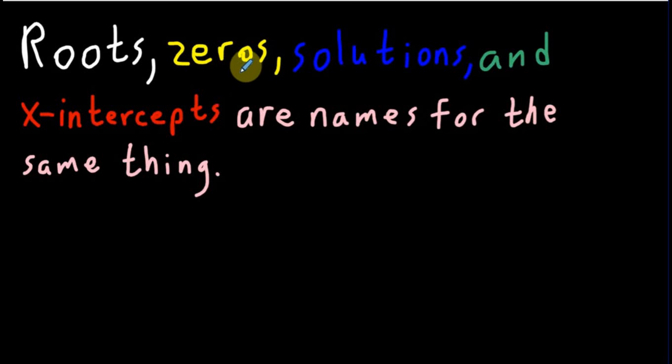All right, so now we're going to start solving these quadratics. We are going to be talking about their graphs. What I want you guys to see here is that you can call something a root or a zero or a solution or an x-intercept. They're all names for the same thing, different names for the same thing.